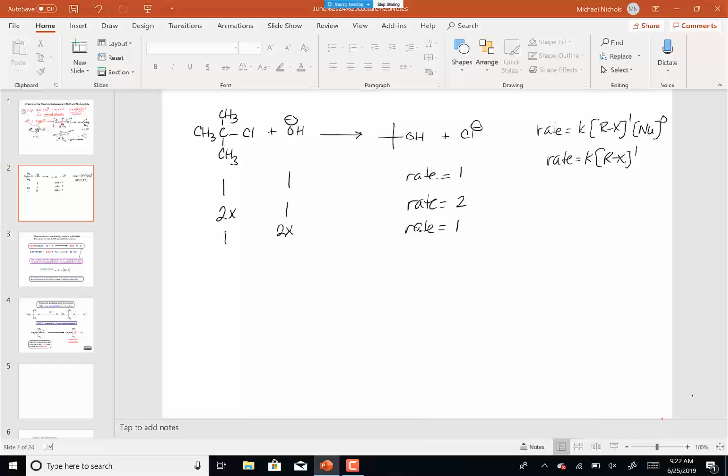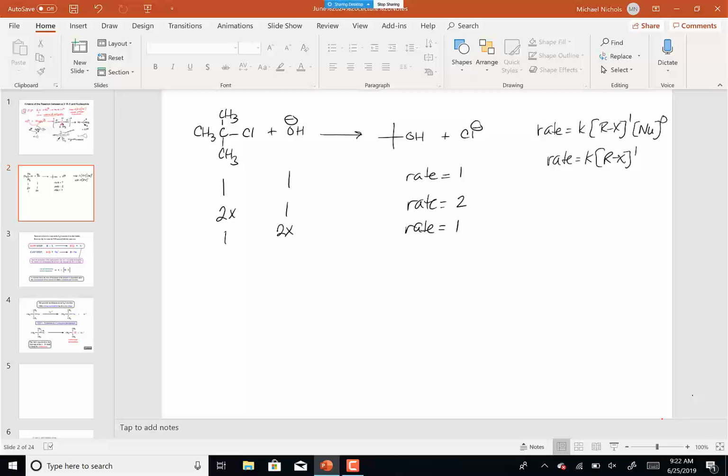So the mechanism has changed. Now you have to think, if the mechanism changes, I need to propose one, and I need to propose one where the mechanistic step's rate is only dependent on the alkyl halide and not the nucleophile.